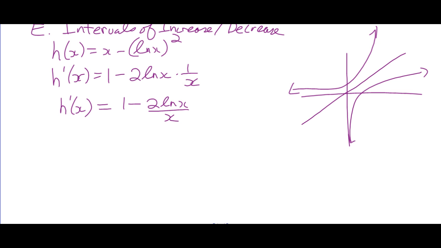So you think about it that way, and if x is always larger, then 2 ln x over x is always going to be a fraction, a number less than 1. So 1 minus a number less than 1 is always going to be positive. So h prime of x is always positive.